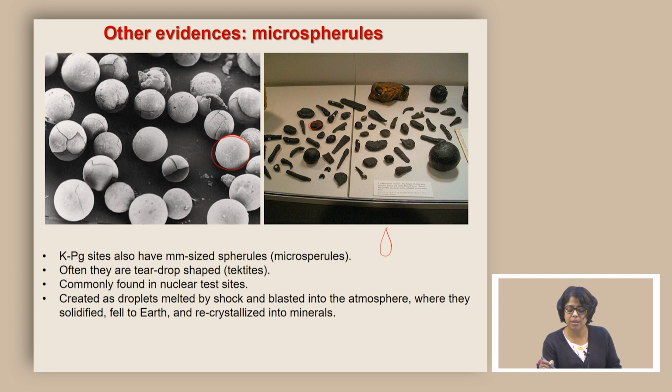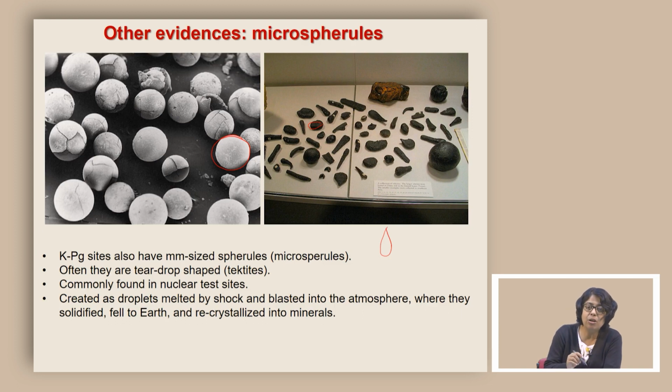Sometimes you also get things which are called tektites. These are very common in these kind of impact sites. We can create them in nuclear sites today during nuclear testing. They basically represent droplets which are created by the shock and blasted in the atmosphere, then quickly cooling down.